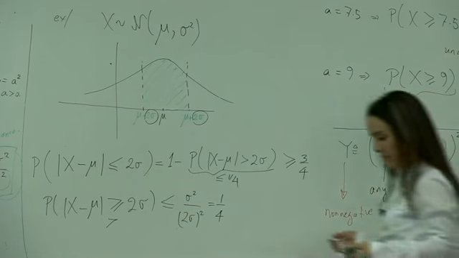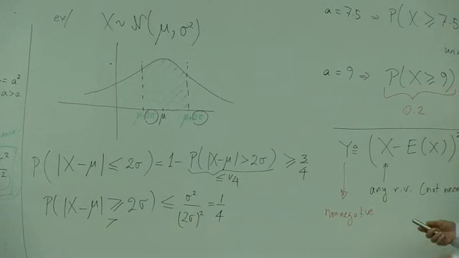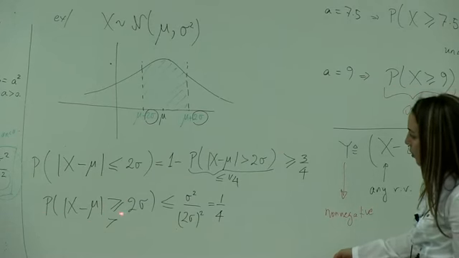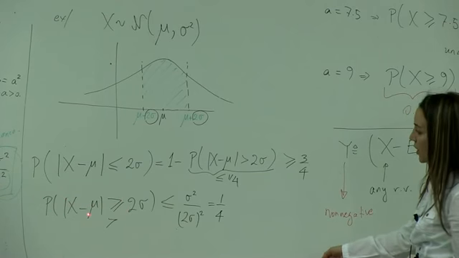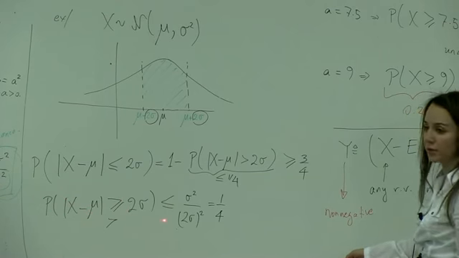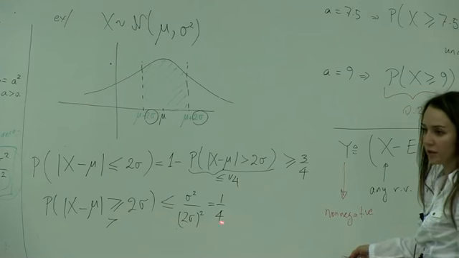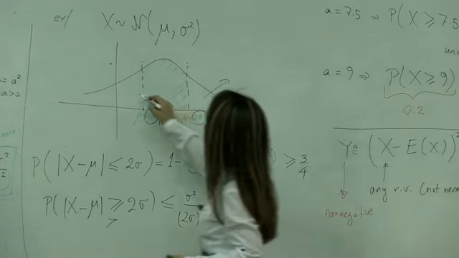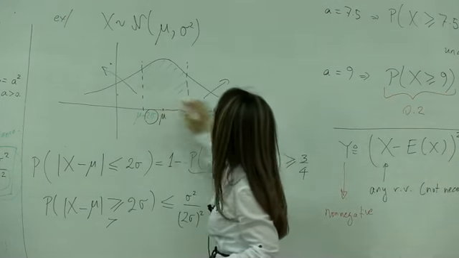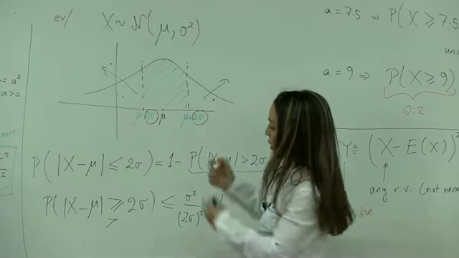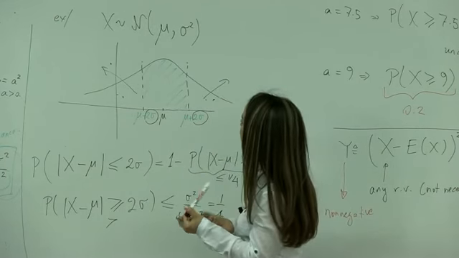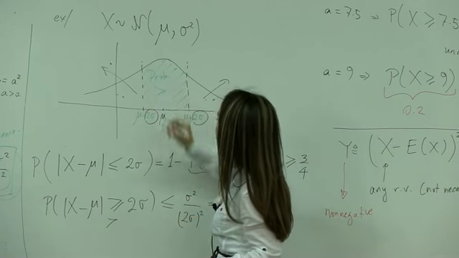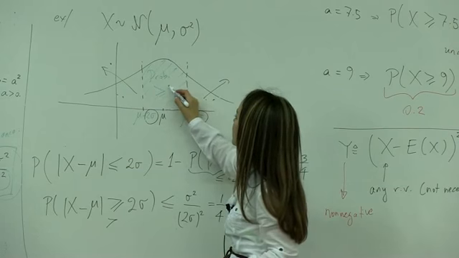So basically we just showed using Chebyshev's inequality that the probability that x is more than 2 standard deviations from its mean is upper bounded by 25%. So it's going to be in this region with probability less than 25%. So it's going to be here in this green region with probability at least 75%.